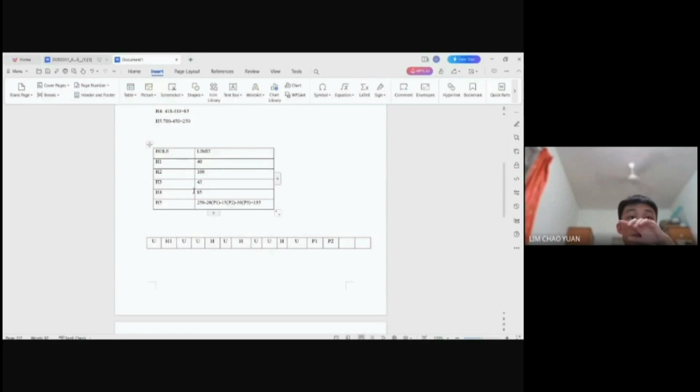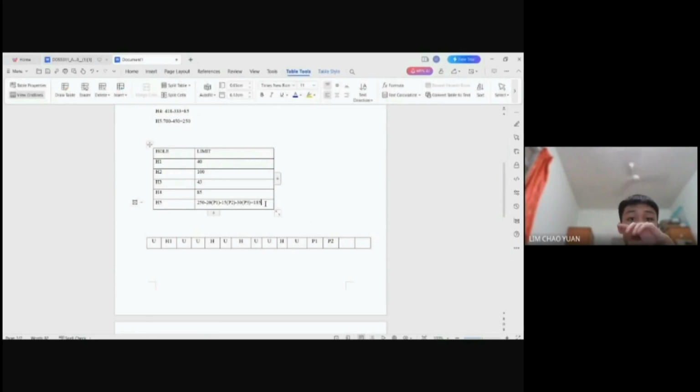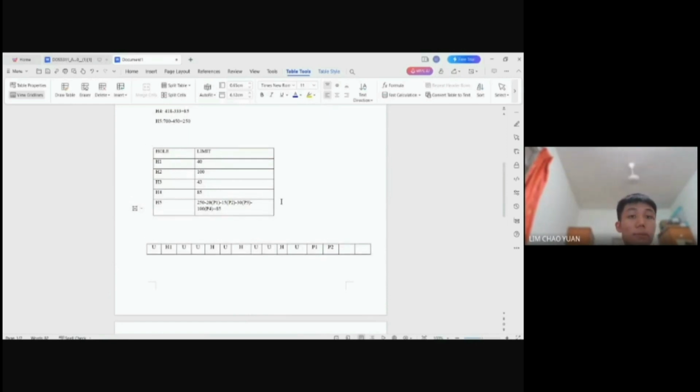So for here, again we do the P3, right? So we put here to make it easy to understand the question. P4. So now is 85. After this, we have P1, P2, P3, and P4.